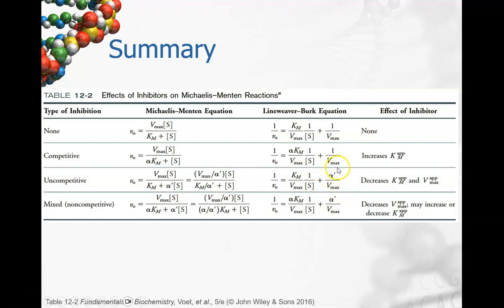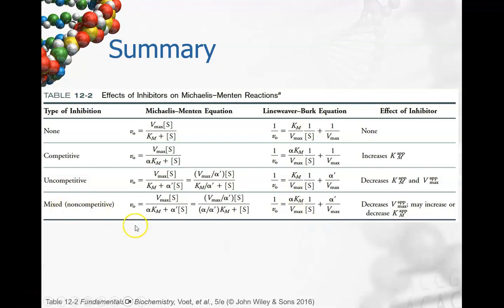It's obvious here, I think, that the Vmax is going down because we have this term right here. It's not as obvious over here because there's actually an alpha prime term here and an alpha prime term here, and they cancel out. But what we do see is that the slope doesn't change. The slopes are the same.